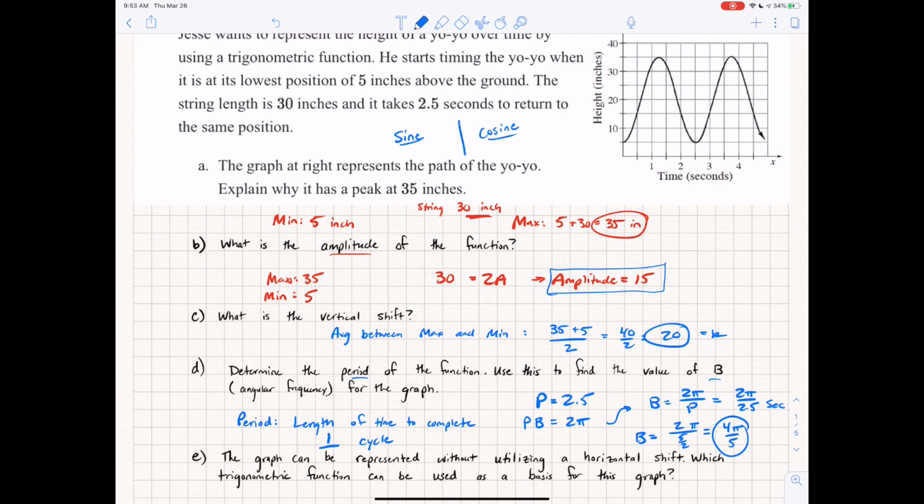Now, sine again starts in the middle. So if I want to use sine as my function for modeling, then I need to look at the midline and not only find where I'm in the middle, but when I'm in the middle and the graph is going up as I travel from left to right.